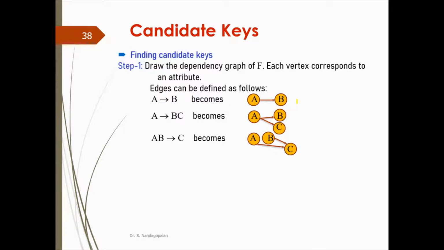graph? For each attribute in a given relation R, you first draw vertices.